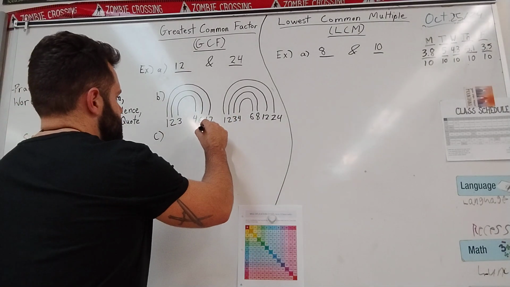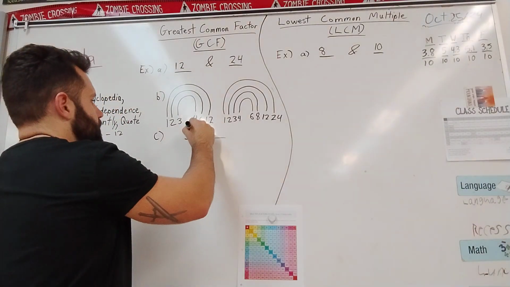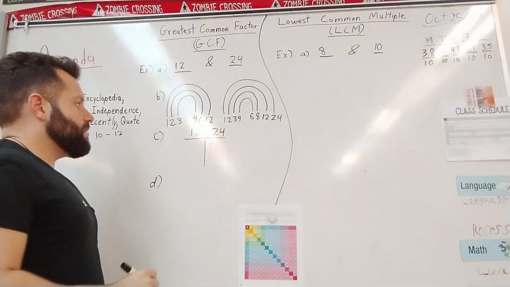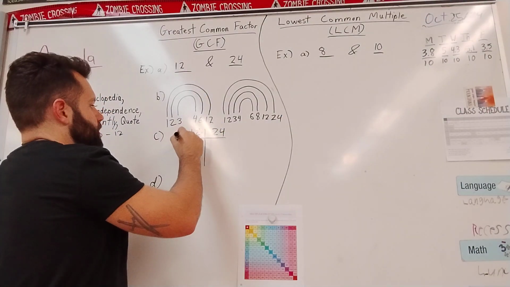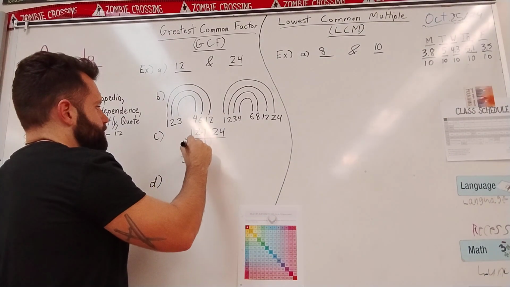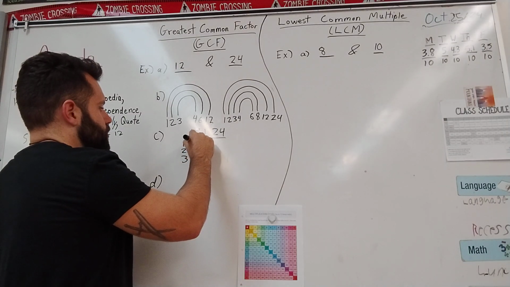Now the third step is I'm going to make a T-chart. That T-chart is going to list all the factors for 12 and 24. My factors for 12, as I can see from my factor rainbow for 12, are 1, 2, 3, 4, 6, 12.